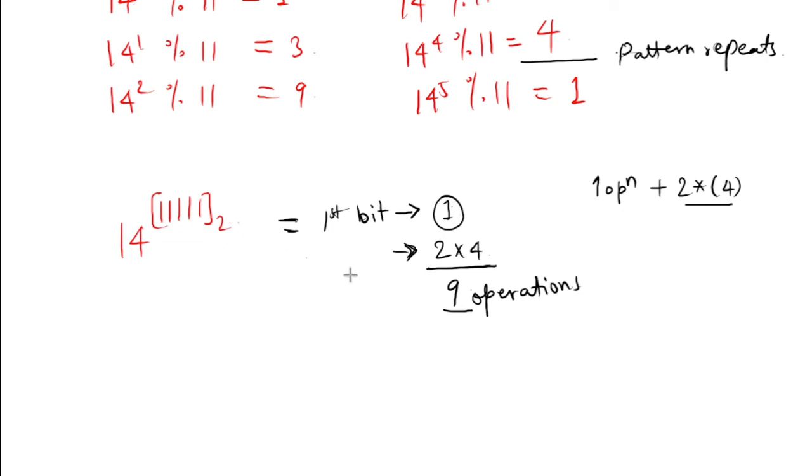So 9 multiplications in general will take place, followed by some modulus operations. But using the naive approach, here 31 will take 30 multiplications followed by 30 times modulus, 31 times modulus operation.